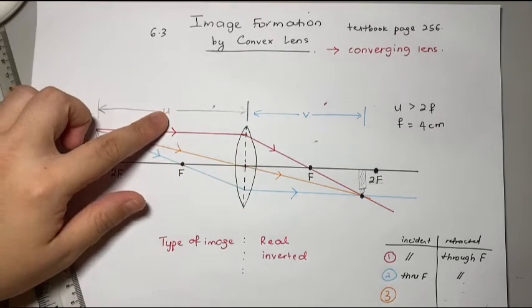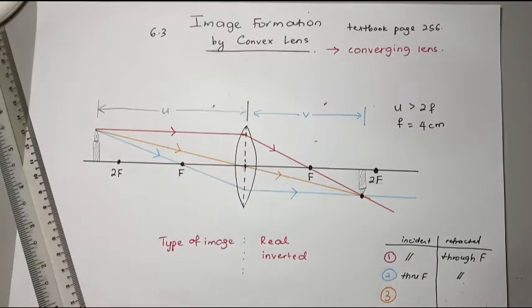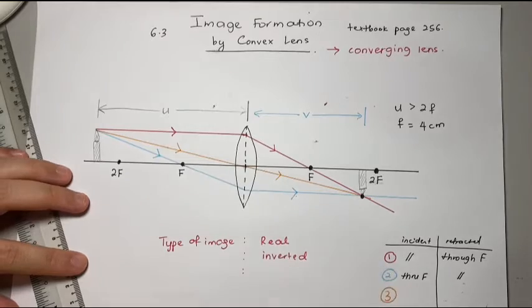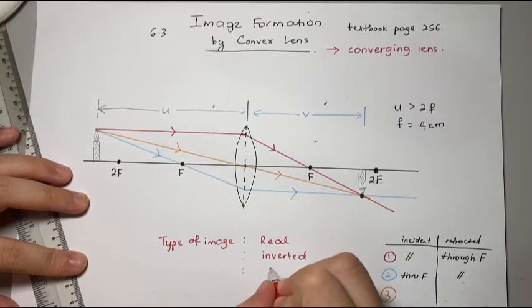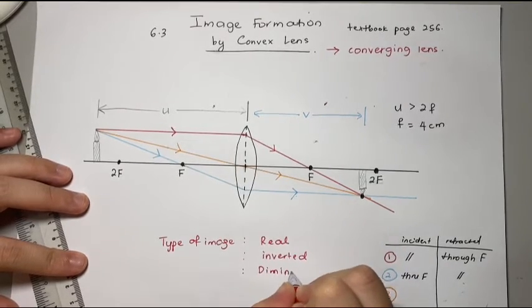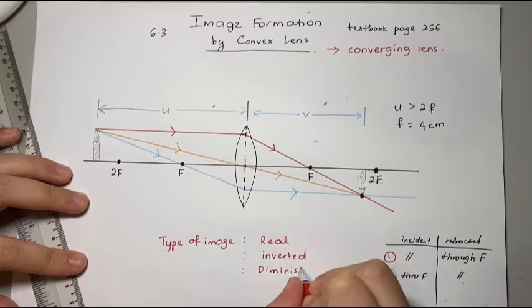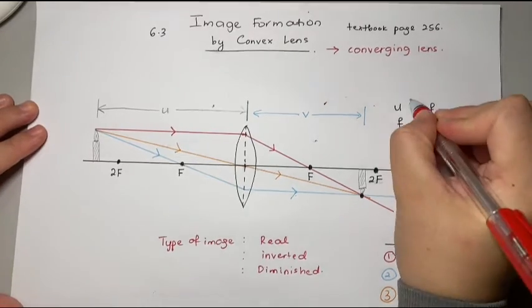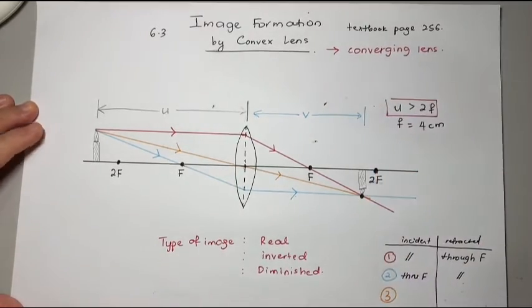U. Meaning my image distance is shorter. Since it is shorter, what type of image is produced? Is it diminished or is it magnified? It's diminished, correct. Diminished. Alright? In other words, it's smaller in size. Okay? So this is the image formation by convex lens when your object is at more than 2F.